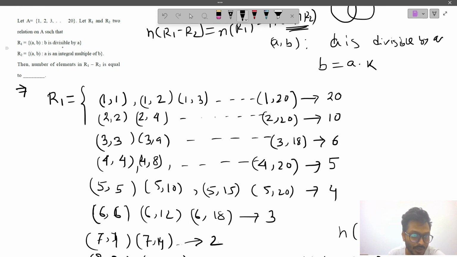That means R1 intersection R2 means what? b is divisible by a, and a is an integral multiple of b. That means b is divisible by a and a is divisible by b. That means a equals b.